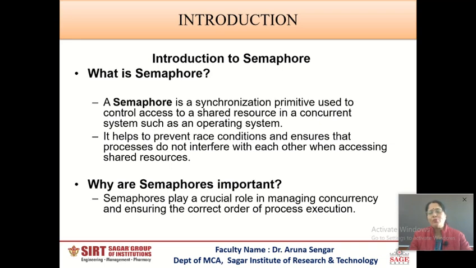It also helps to prevent race conditions and ensures that processes do not interfere with each other when accessing shared resources. To ensure that, semaphore is used.